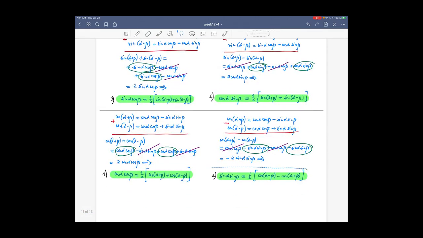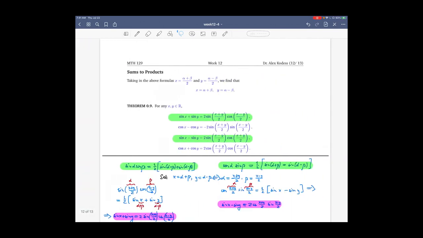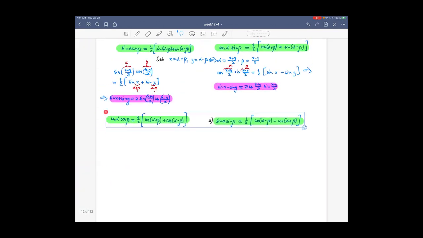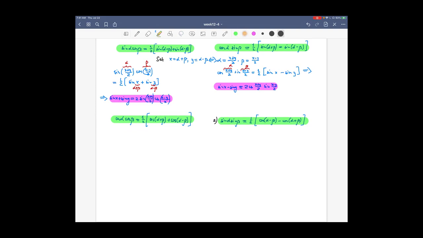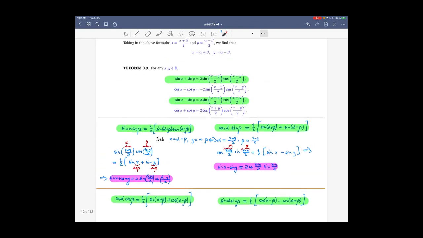If I copy paste these two formulas, and again use my substitution, so take this formula and instead of alpha and beta write x plus y over 2, x minus y over 2.